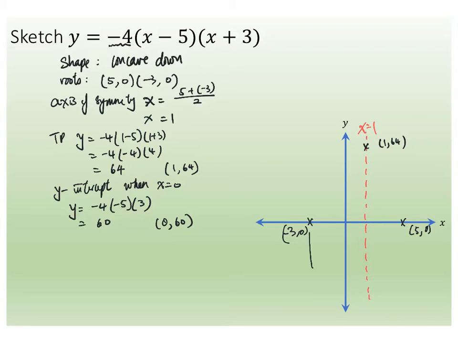So I can just sketch this. And this point is (0, 60). And this is y equals −4(x − 5)(x + 3). Alright, so it looks almost like a parabola. I don't think I've sketched it that well, but that's fine. As long as you've got a smooth line and you know that the shape is concave down, that will do.